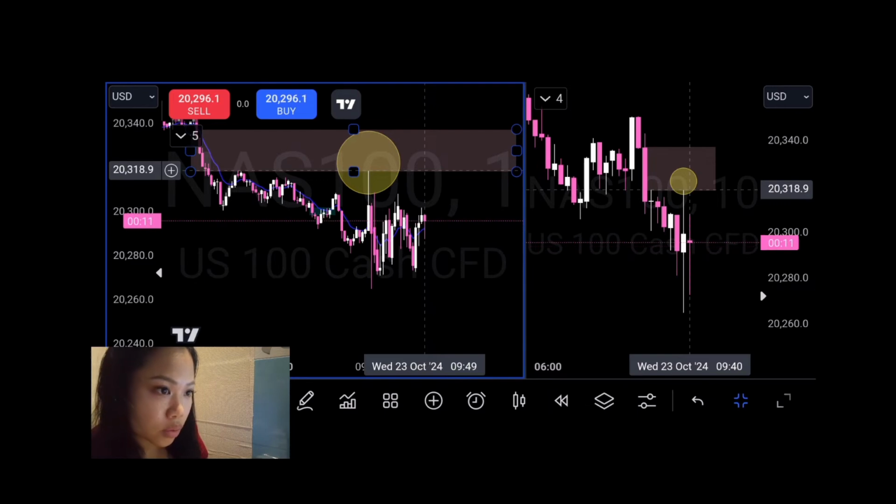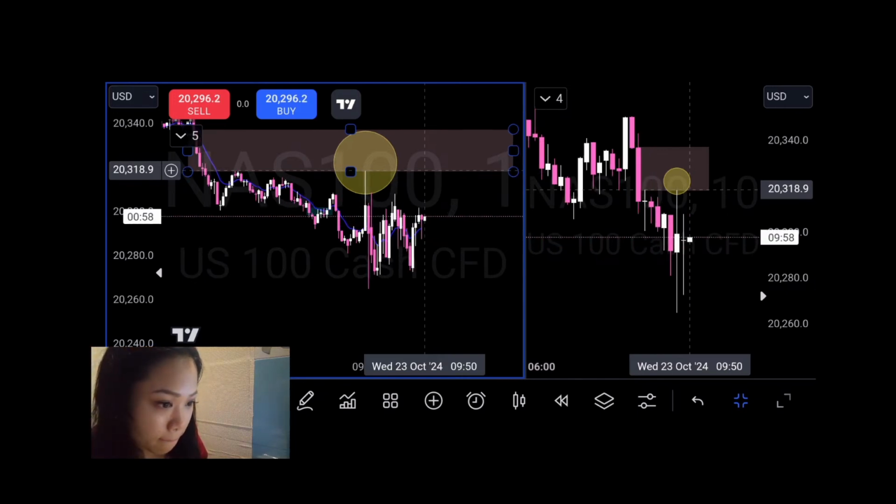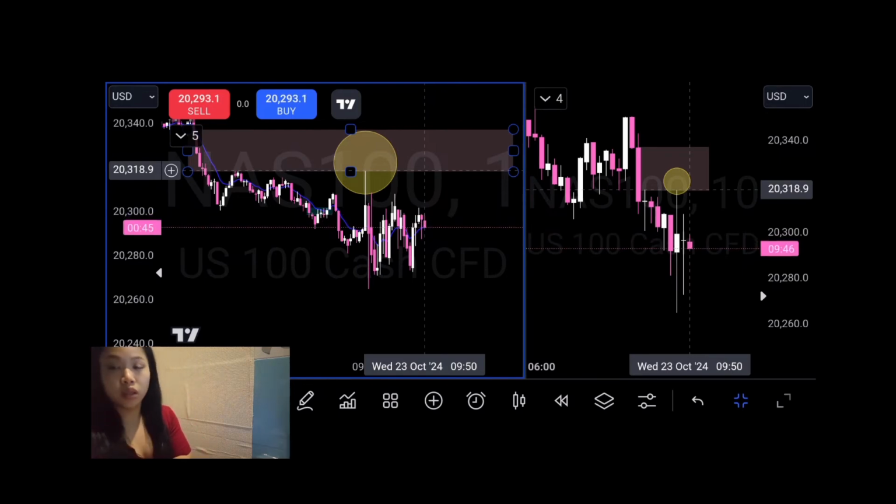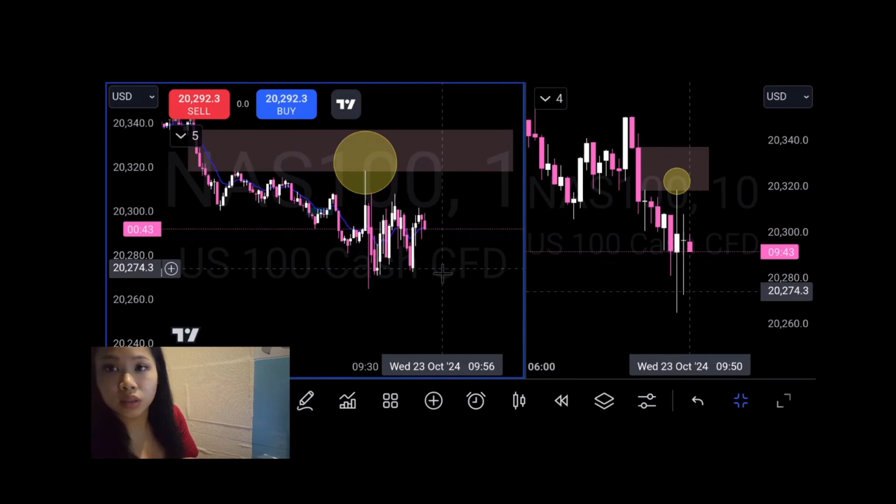So if I were to sell, yes, if I were to sell, my stop loss would be around 2306. And I would like for price to come all the way to this here.